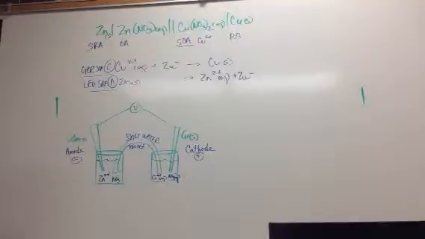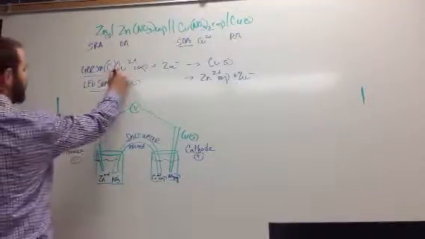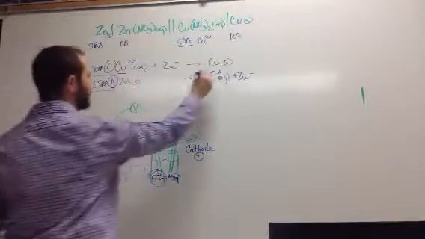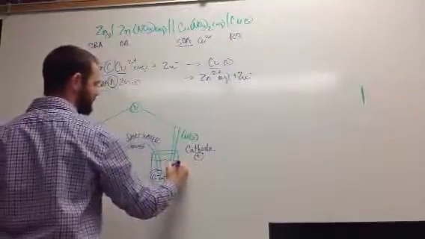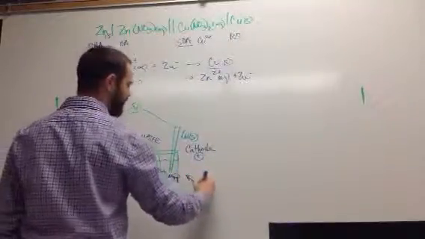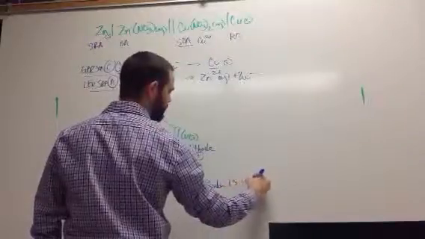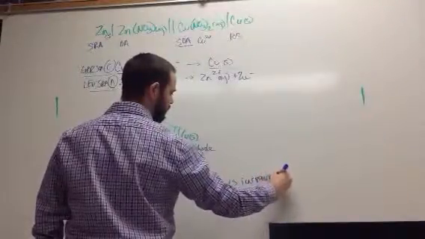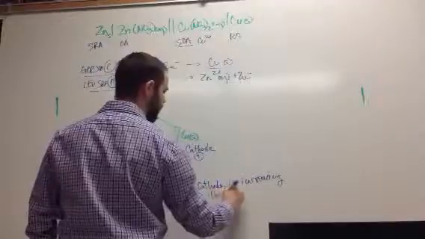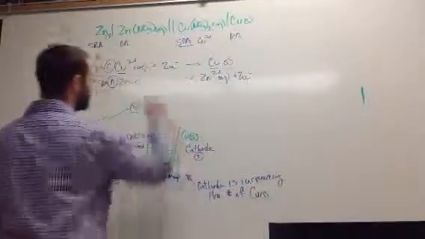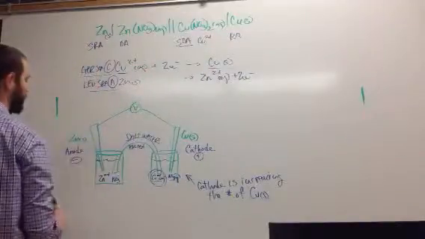Now, what's going to happen here is the copper 2 ions are going to become copper solid at this cathode. So the cathode is increasing the amount of copper solid because the product is copper solid.